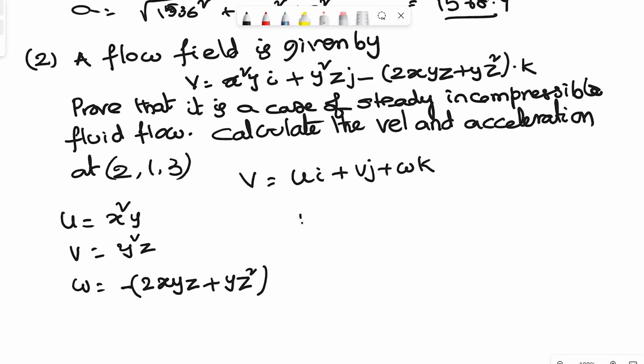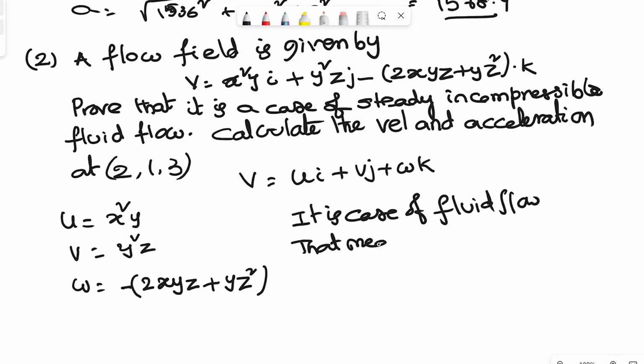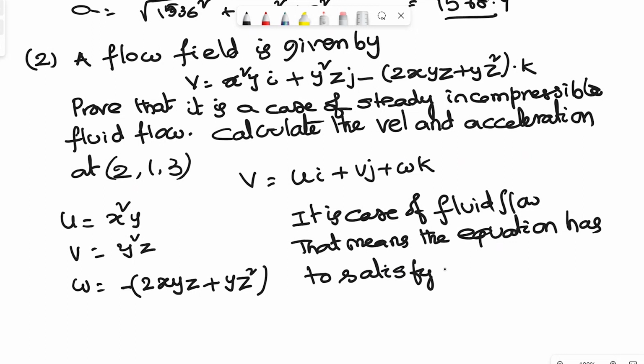That means it is a case of fluid flow. That means the equation has to satisfy the continuity equation.